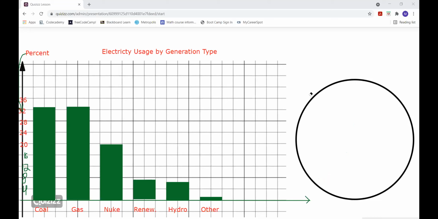So if I peace sign this thing out, I come down here, try to get it into the center, try to do this little peace sign thing. I think this will give me 2 sections here, right? And so this would be what? Coal. And this is at 33%. This would be gas. It's gas at 33%. So I divide it into thirds. That should give me the 33%.